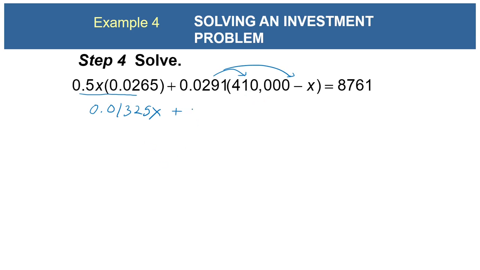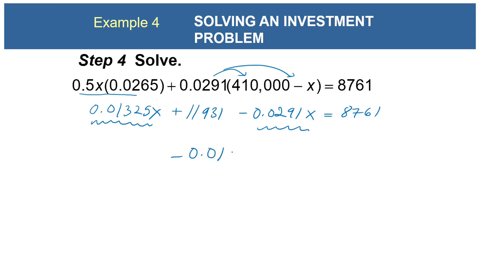And this is 11,931 minus 0.0291x equals 8,761. Let's collect like terms. Let's add these together. And this gives us negative 0.01585x plus 11,931 equals 8,761.